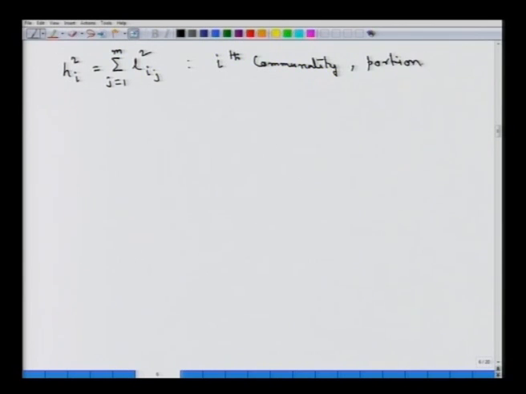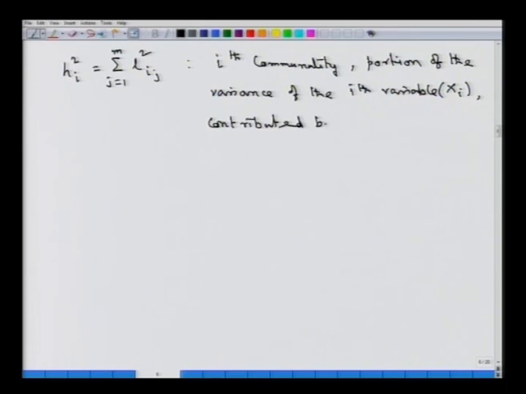So this is basically the portion of the variance of the ith variable, xi, contributed by the m common factors f1, f2, fm.